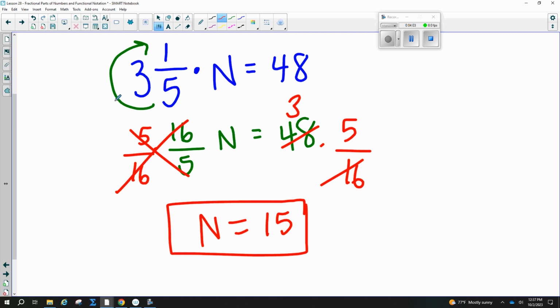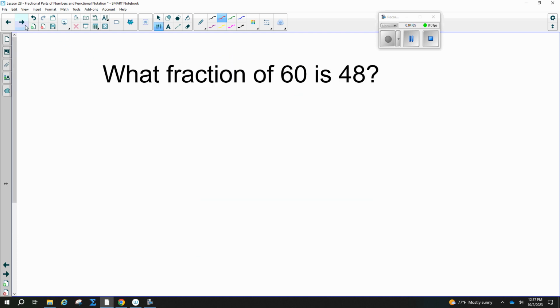What fraction of 60 is 48? So they switched up the order, and now they're saying what fraction. When you see what fraction, we will use the variable f. It doesn't really matter, but we'll try to be consistent. It's just a variable.